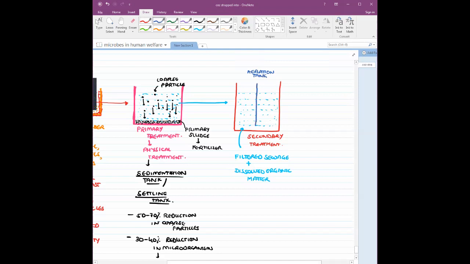We are going to have a mixer-like thing. This mixer-like thing has paddles, and this is going to rotate. Let me just show you. Let's imagine this is like a slow mixer, and these paddles are going to keep on rotating slowly, slowly.